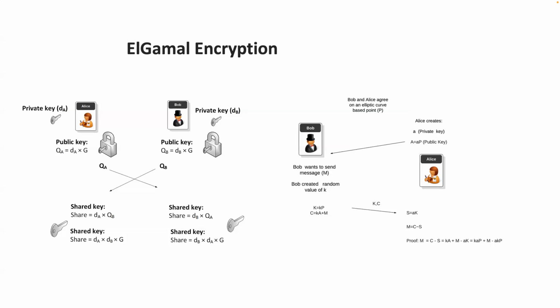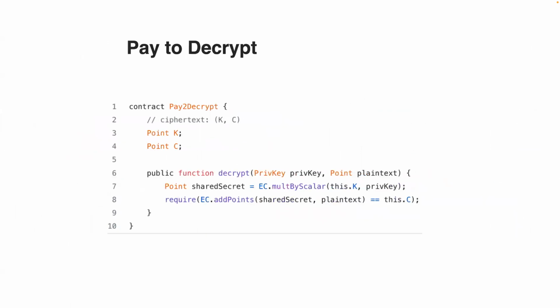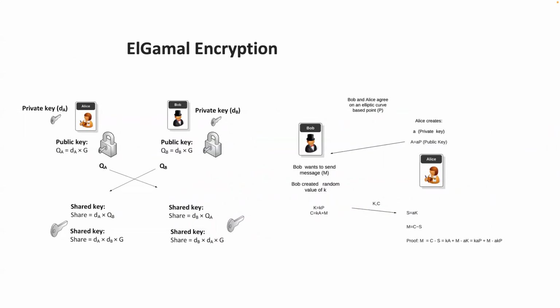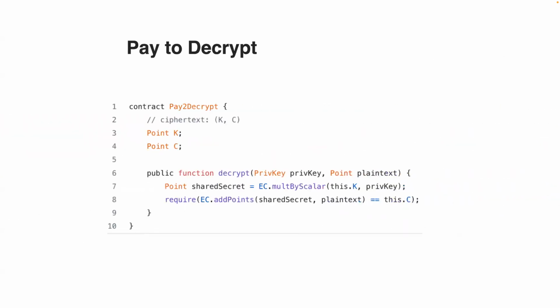Alice isn't exposing the private key in the pay to encrypt version, if we were to call it that. Whereas with pay to decrypt, you do expose the private key. I guess it really comes down to use case at the end of the day and which one you would want to use.